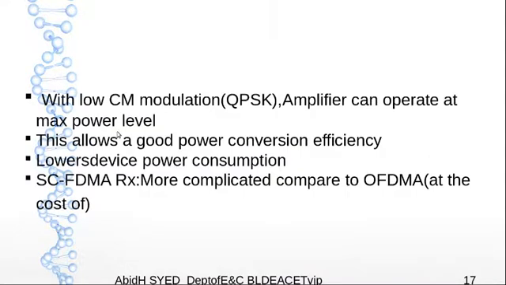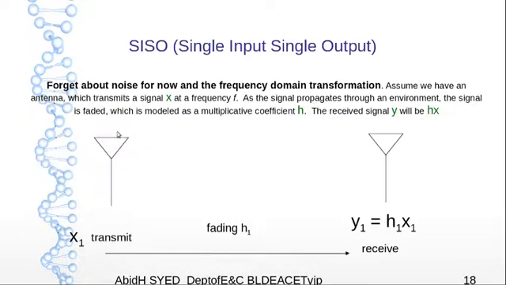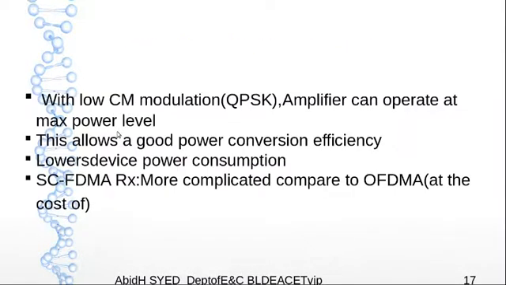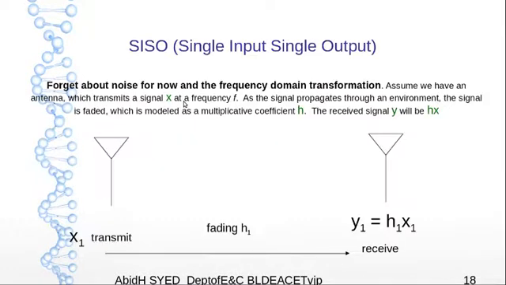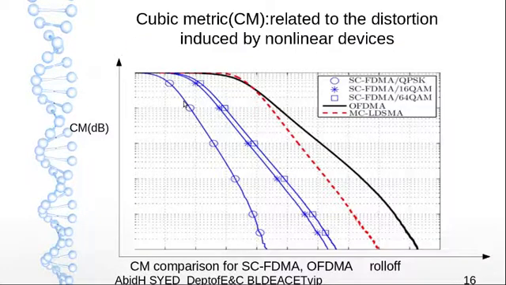So what is cubic metric? It is a parameter which is actually used to compare the power level that is actually consumed at the receiver side, while recovering the original signal, right?